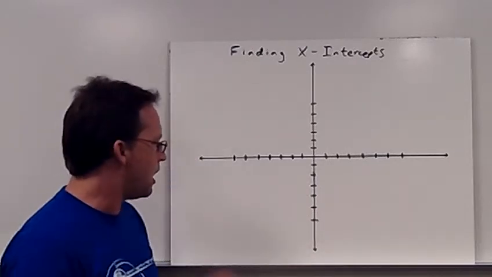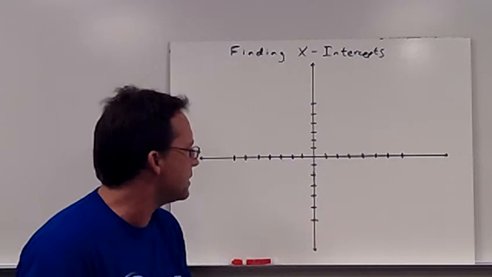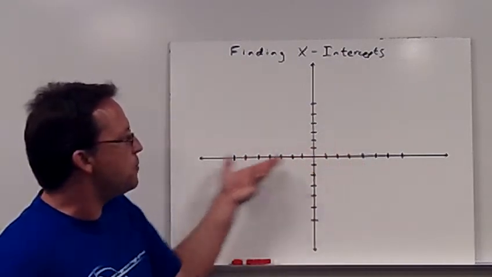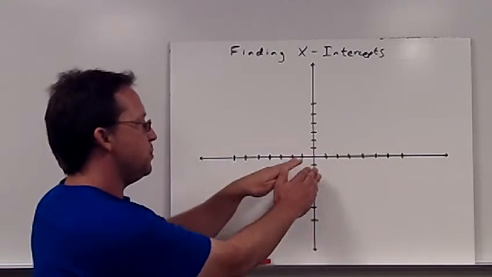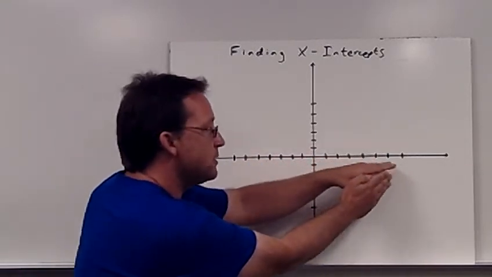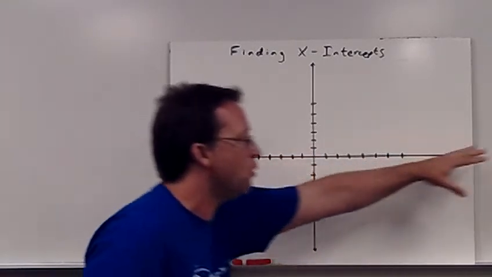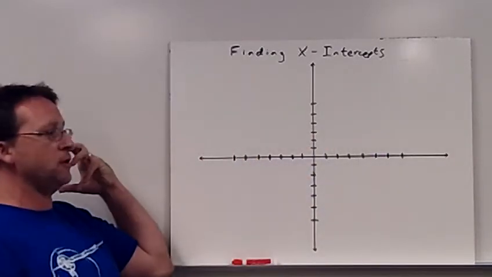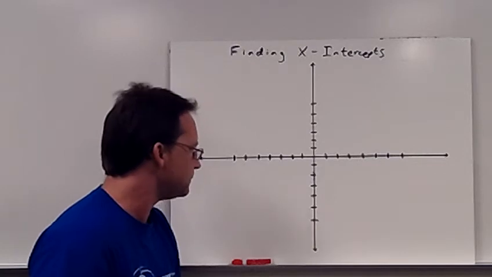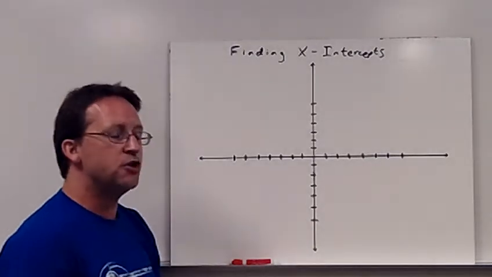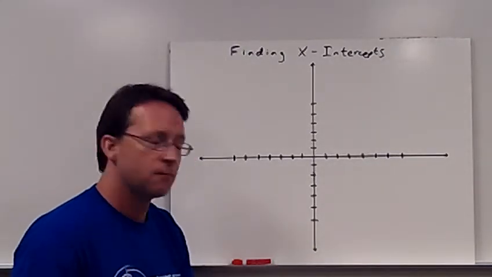Right? And so I'm going to do a little magic trick for you, I guess. What I want you to do is pick a point somewhere along the x-axis. Just pick any point you want. It could be one of the points I marked here, or you can go on further this way, or further this way. Pick a point somewhere on the x-axis. And think about the coordinates of that point.